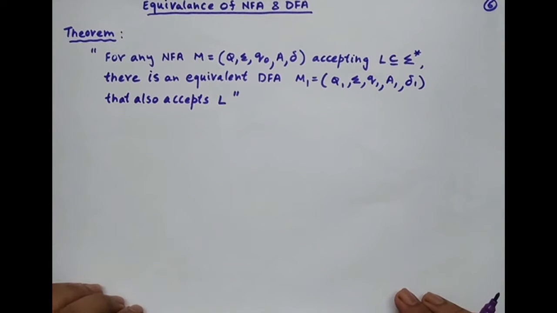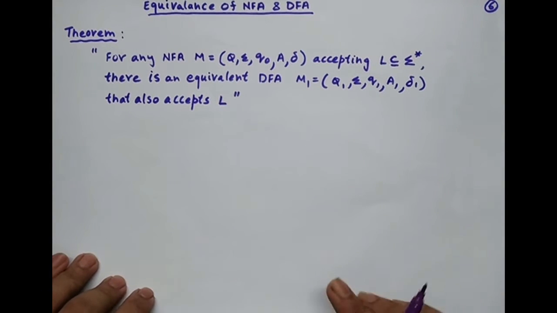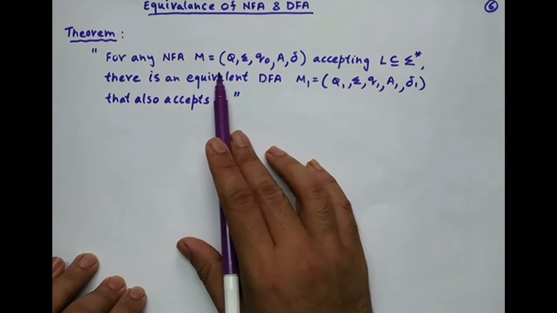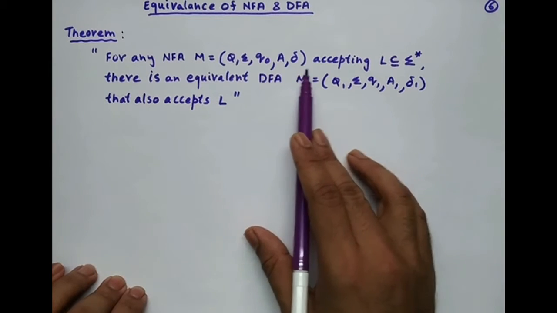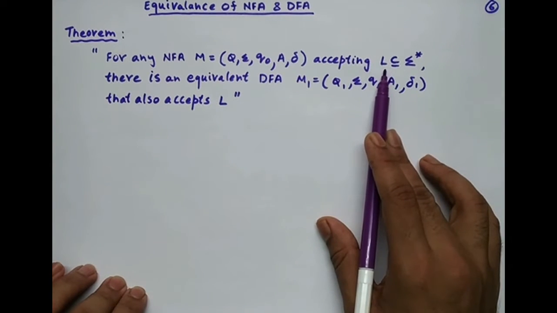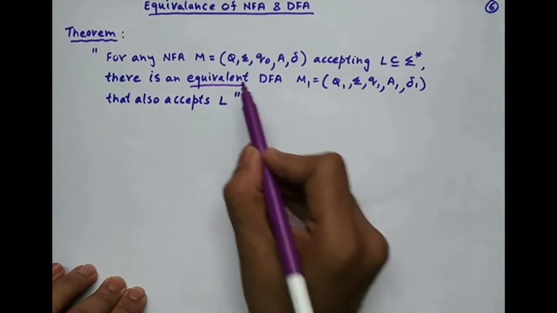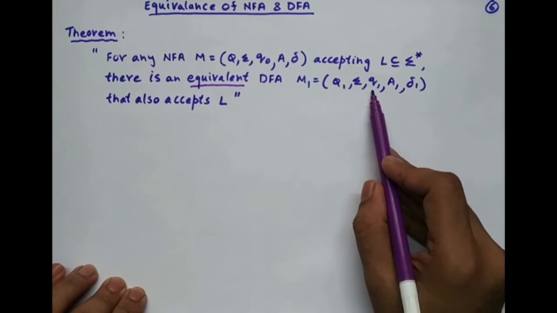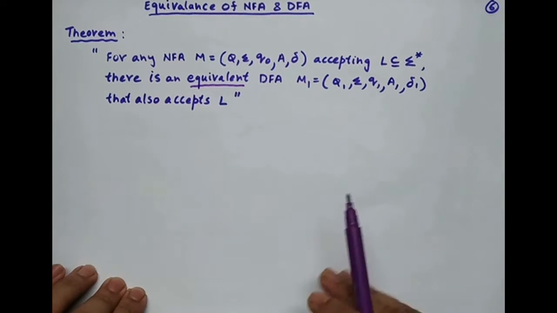In today's lecture, we're going to see what is an equivalence of NFA and DFA. We're going to prove today a very important theorem which says for any NFA M equal to (Q, sigma, q0, A, del), which is accepting any language L, there is an equivalent DFA M1 equal to (Q1, sigma, q1, A1, del1) that also accepts the same language.